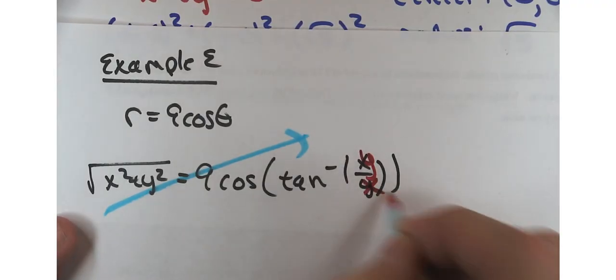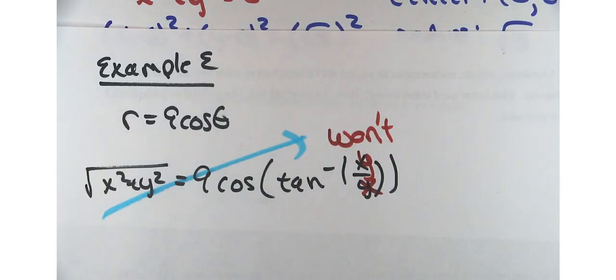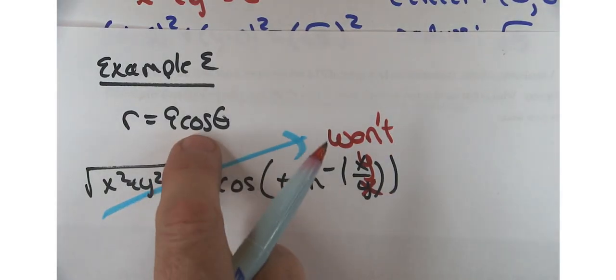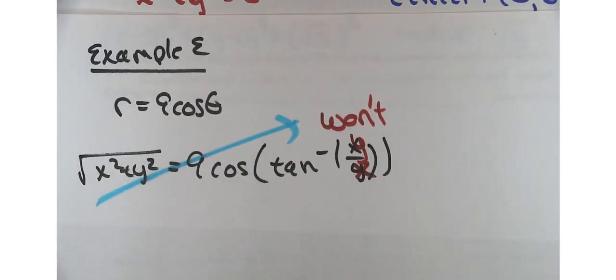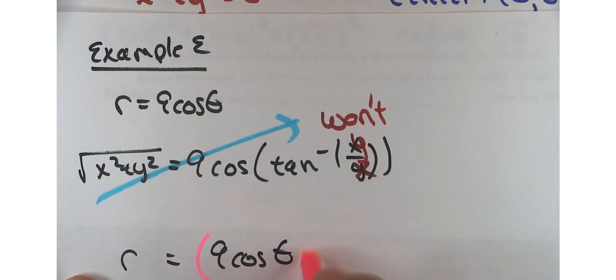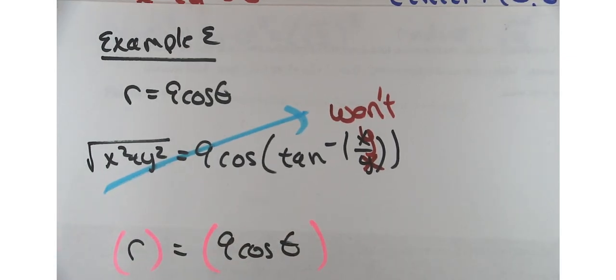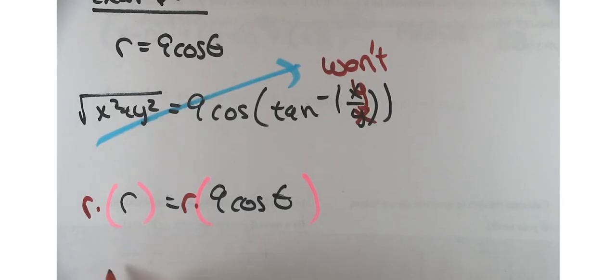Instead, here's the trick that you want to take note of. In order to get rid of this, I really need an r there. So let's go back to this. r equals 9 cosine of theta. If I multiply both sides of this equation by r, that might bring me the success that I'm looking for. So it'll be r times this, r times this. The left-hand side is now r squared.